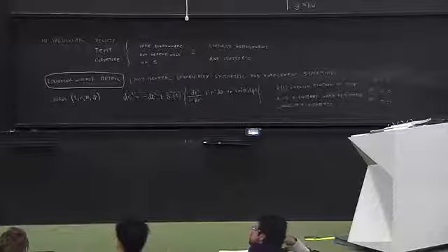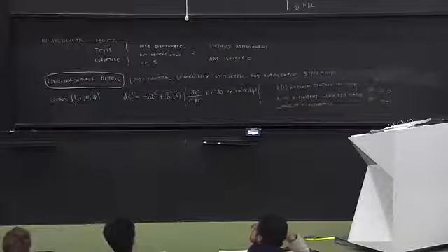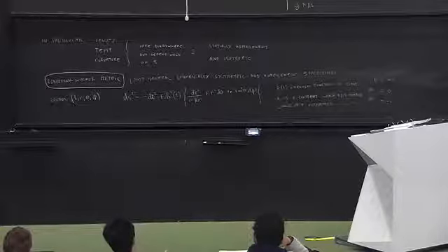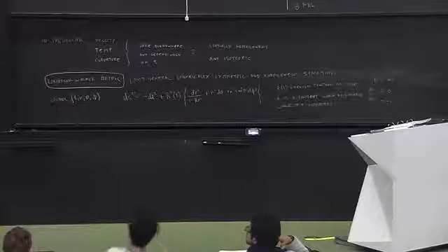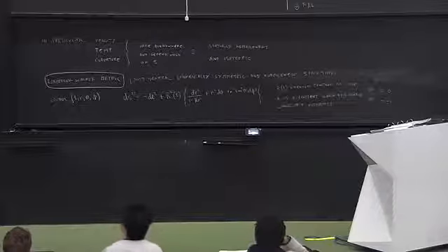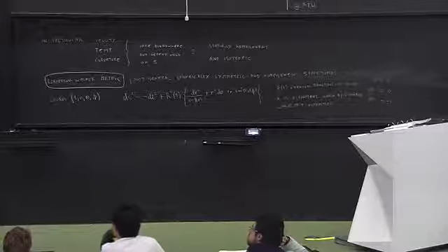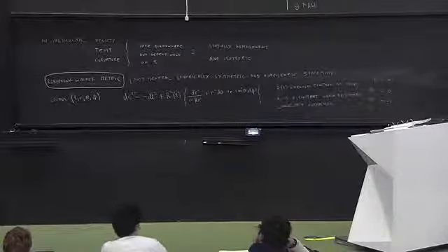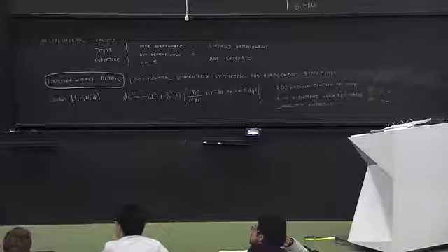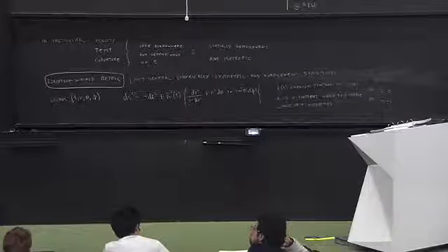And you can show that the proper circumference L is just 2 pi R of t, and the proper volume, which is the integral d3x times the square root of the determinant of the three-dimensional metric, is 2 pi squared R cubed of t.